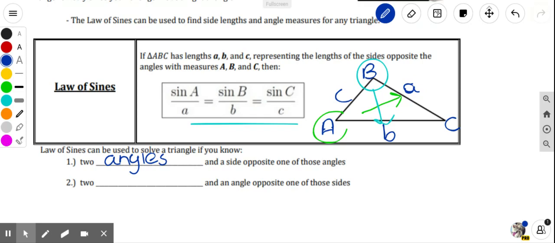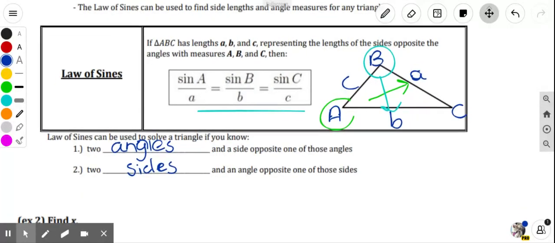It's supposed to be a G. My stylus isn't doing very well tonight. So 2 angles and a side opposite one of those angles. Another scenario is if you were given 2 sides and an angle opposite one of those sides. Okay, so that's when you would use law of sines.